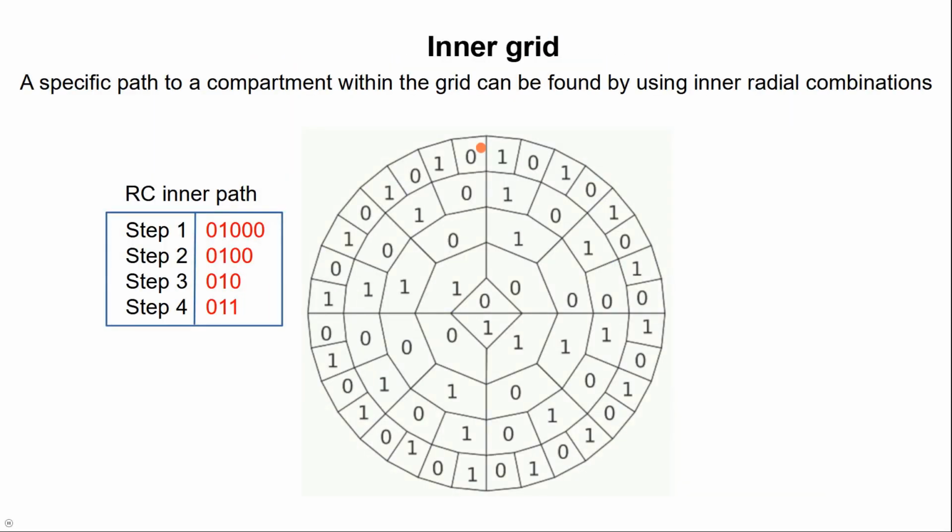A specific path to a compartment within the grid can be found by using inner radial combinations.